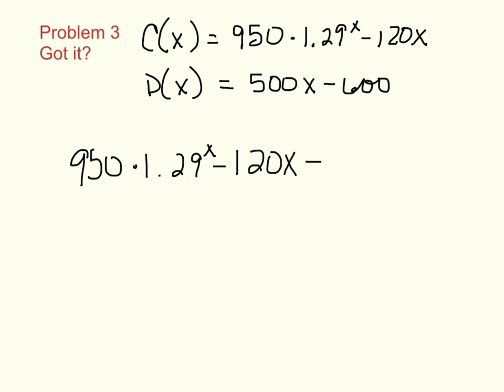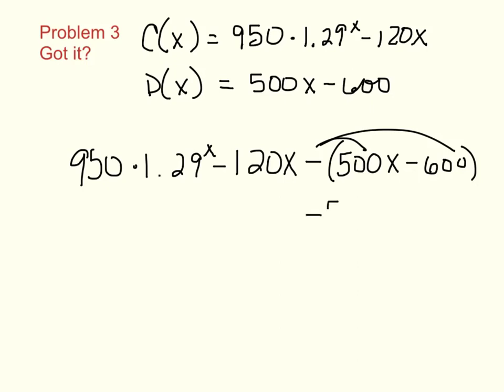Then we have to subtract the second function, which is in parentheses 500x minus 600. We now have to distribute the subtraction sign to both sides. If we distribute the subtraction on both sides, we are going to get minus 500x plus 600.